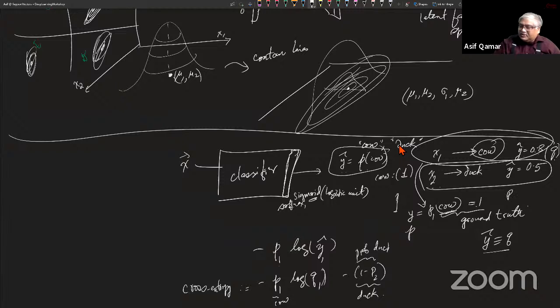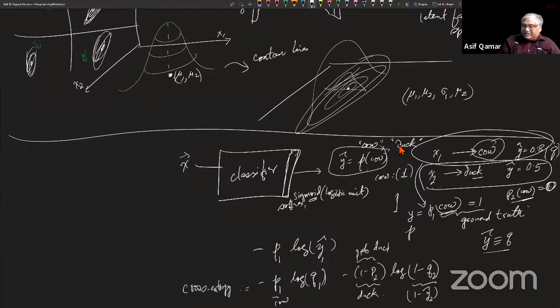So P2 of cow is equal to 0. The ground truth is that it's a duck. So what is the ground truth probability that it's a cow? 0. So it is 1 minus P2, which is equal to 1, the probability of its being a duck, times the log of 1 minus Q2, which is essentially the same as 1 minus y hat 2.